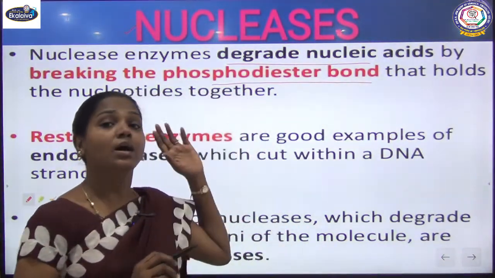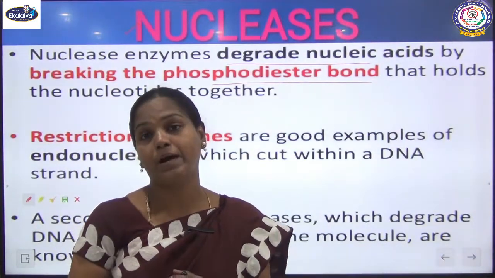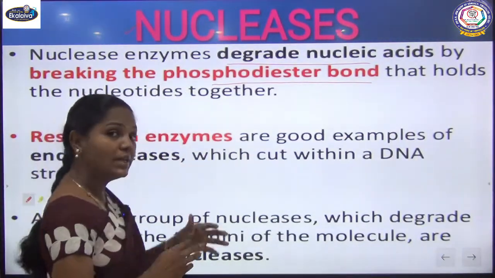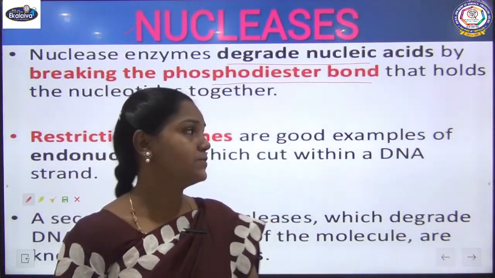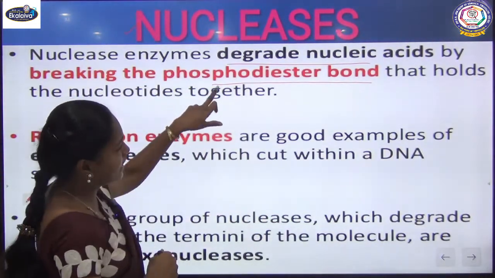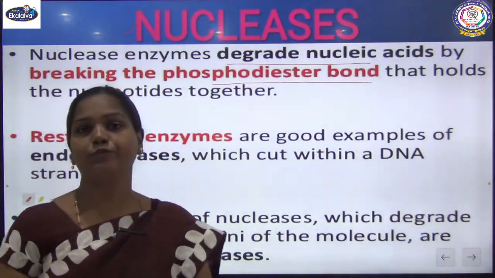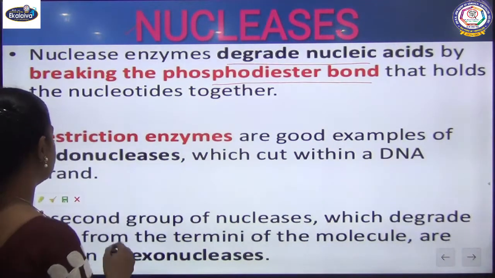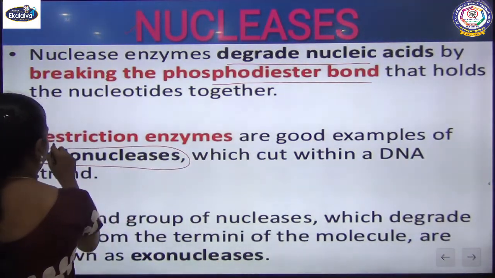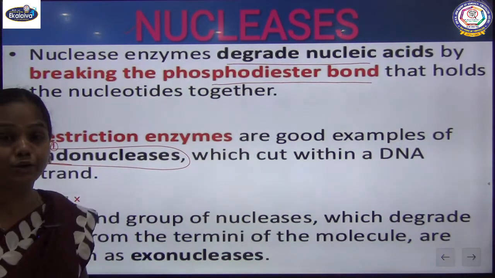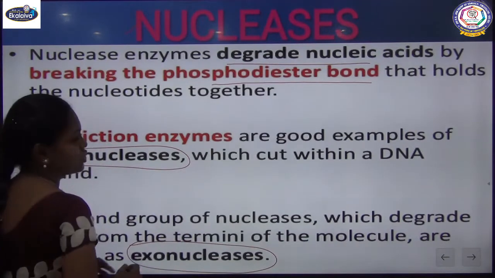These nuclease enzymes break that phosphodiester bond so that the DNA strand is made into fragments. We have two types of nuclease enzyme: the first one is endonuclease and the second is called exonuclease.